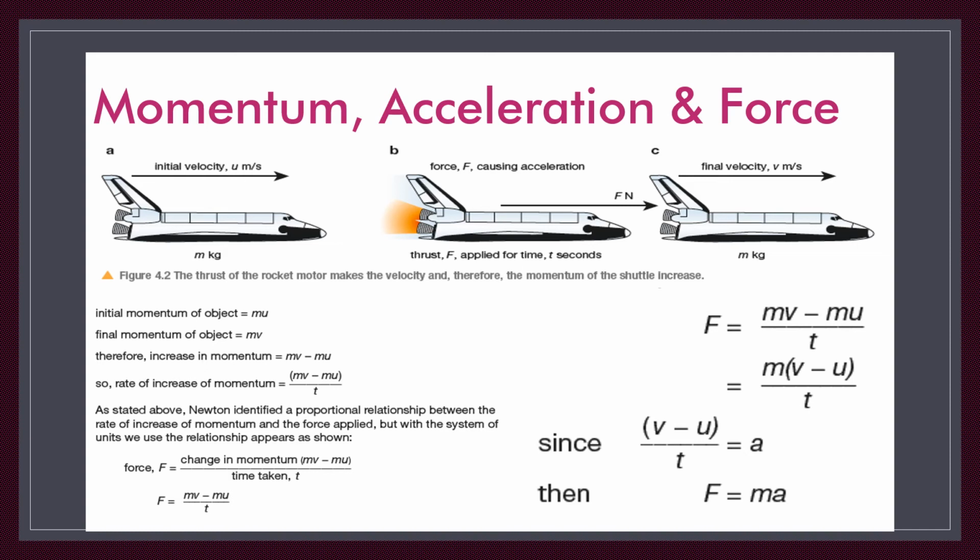This equation can be rearranged as F equals m multiplied by (v minus u) over t. You know (v minus u) over t is equal to the acceleration of an object. Therefore, we can rearrange this equation as F equals ma, which means the force applied is equal to the mass of the object multiplied by the acceleration.